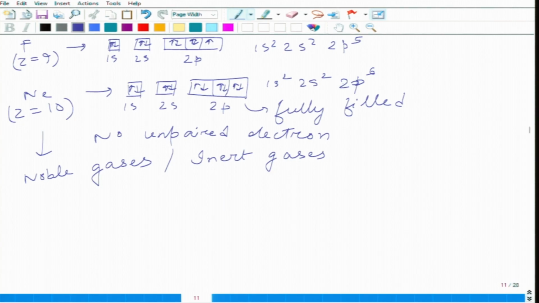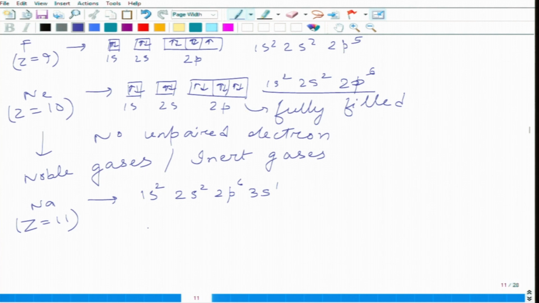Now, this is the configuration of neon, right? If we write sodium, which has Z equal to 11, it will have a configuration of 1s2, 2s2, 2p6, then 3s1. For the higher elements, we will not write the full configuration every time because it will take a lot of time.